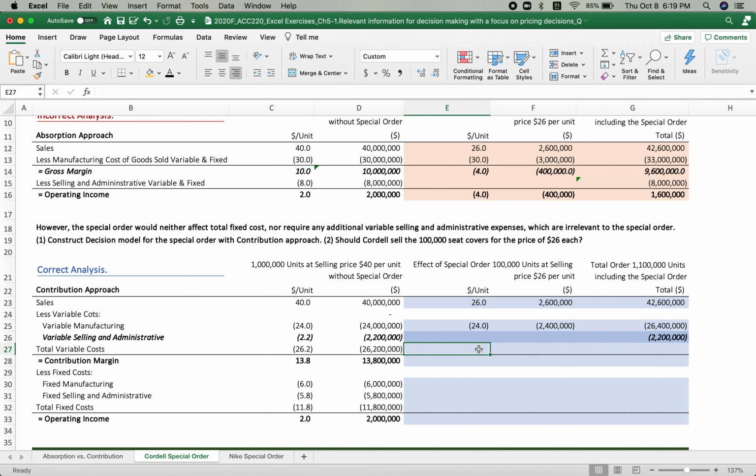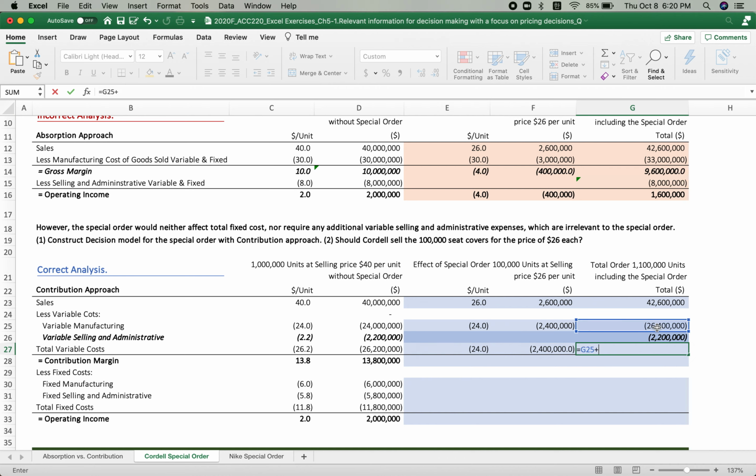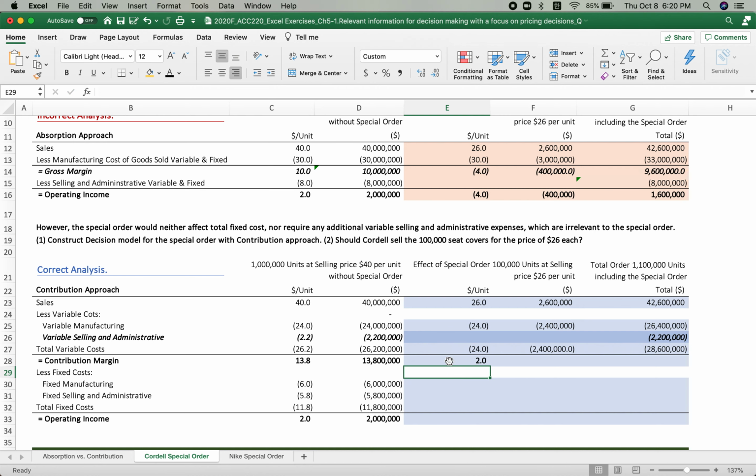Then the variable cost is the same for this special order. Let's sum up these two to get the total order of 1.1 million units, including the special order, so 28,600. Then finally, the special order price of $26 per unit minus this variable cost of $24, now the contribution margin is $2.